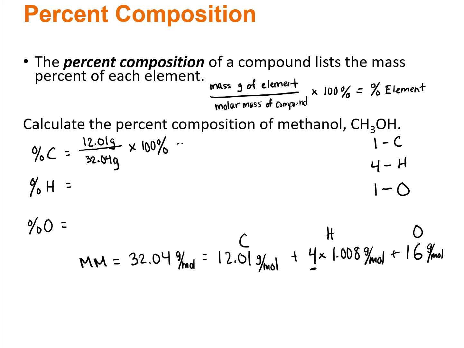So you should get something in the ballpark of 37.5%. For the hydrogen, remember you've got 4 hydrogens, so that's 4 times the 1.008, and you place that over your molar mass times 100%. That should give you about 12.6%.